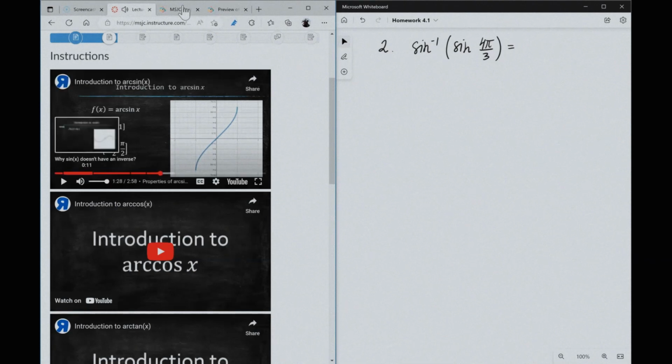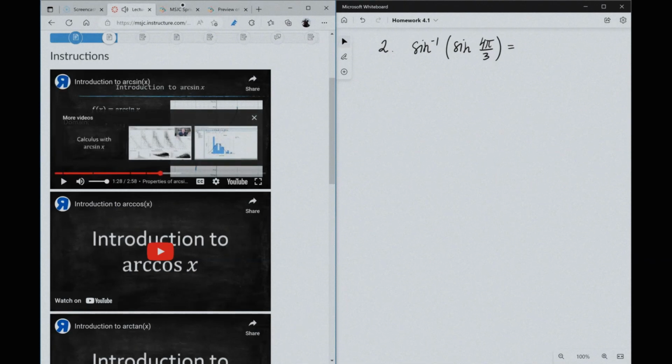The range of sine inverse is from negative pi over 2 to pi over 2. So whatever this answer is, we can label it as theta. Theta must be between pi over 2 and negative pi over 2. And sine of theta has to be equal to sine of 4 pi over 3.